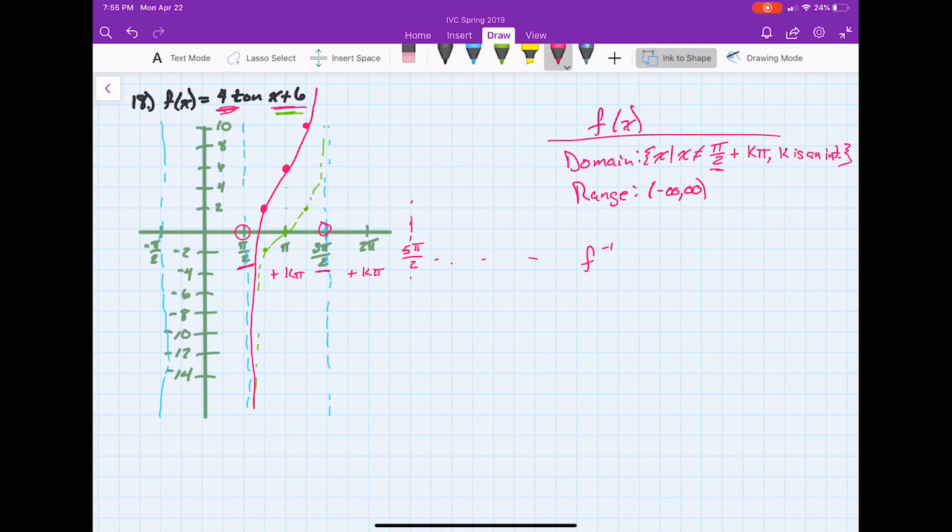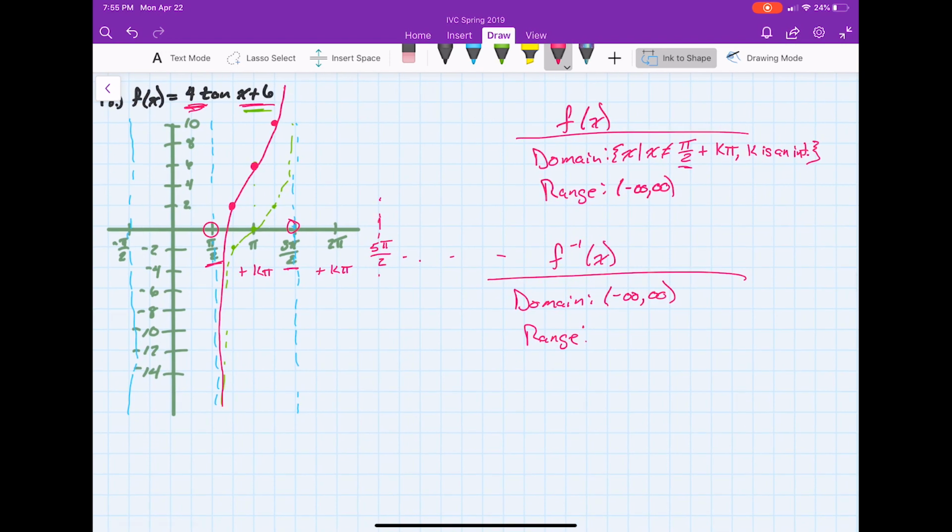Now again, we want to find the inverse domain and range. We don't actually have to find the range, but I'm going to write them down here so you understand where they're coming from. We just basically take the f of x function and we flip them. So the domain becomes the range of the previous, and the range is the domain of the previous.